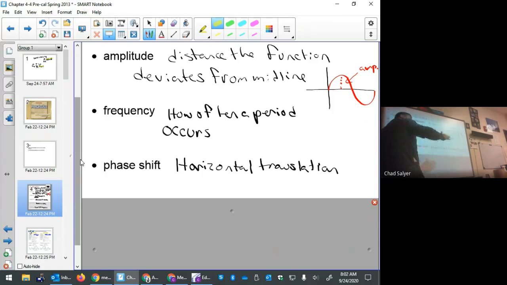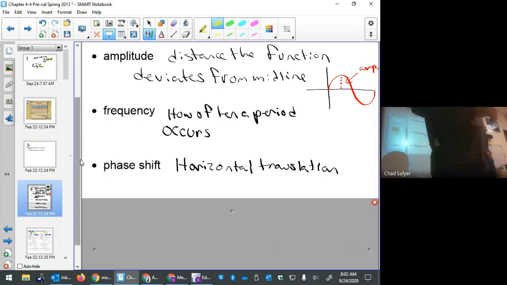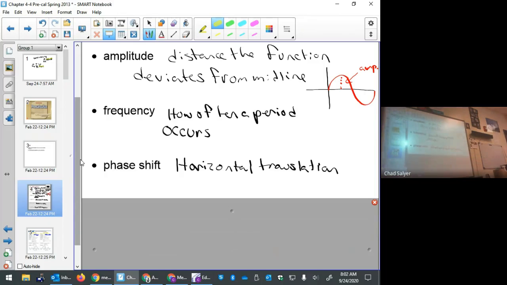Phase shift, that's just a horizontal translation. So when I say phase shift, I just mean moving it to the right or left.